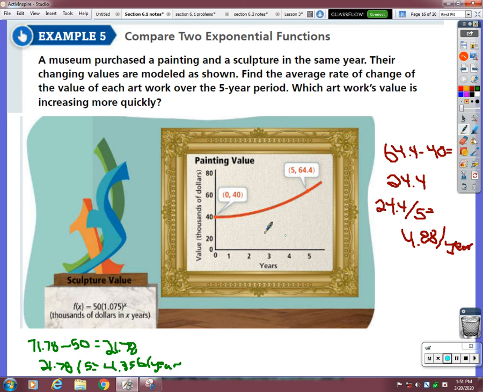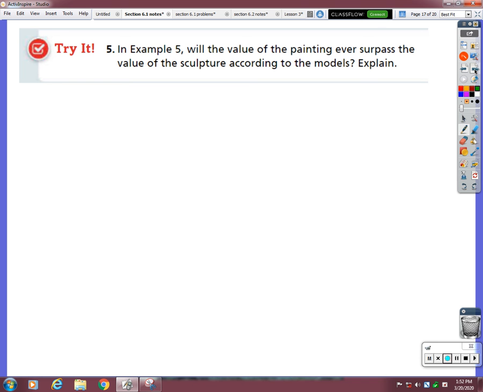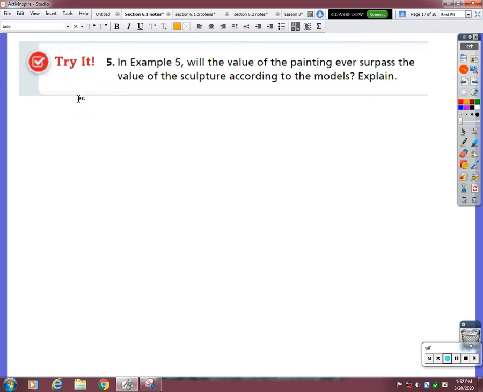So this one was valued less in the beginning, and 5 years later it's still valued less. This one was worth $50,000 to start with, and 5 years later it was worth over $71,000, but it's going up by less each year. So eventually that one's going to be worth more than the sculpture. So there we go. That's the answer to this little try-it question.